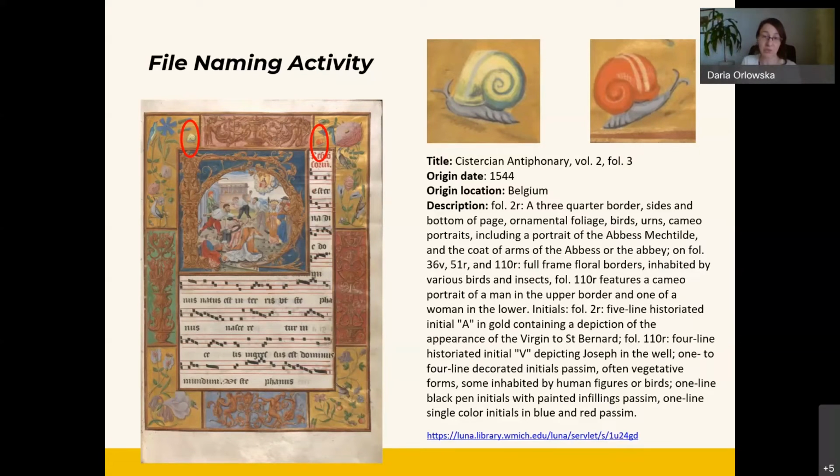You have some additional information here about the manuscript that I have provided. And I'd like you to think about how you would name this document, given the fact that you're interested in a specific part of it and that you have some additional information, like you have the title, where it comes from, you have the date, the location, and a little bit of the description.